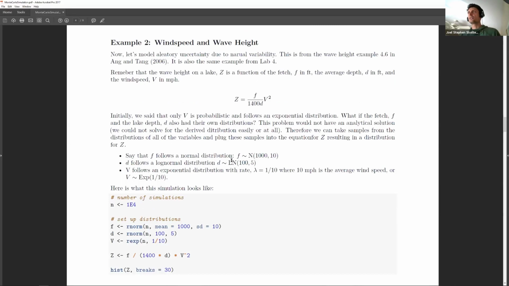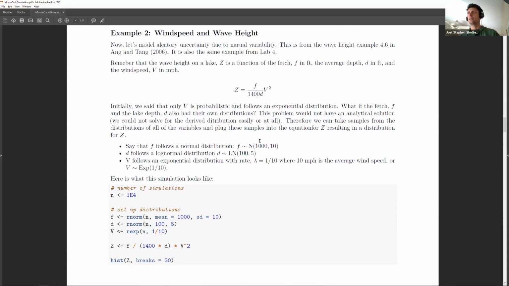Okay, so here's the example that I went over just now when we were writing things down and looking at the paper. Here's our equation for the wave height z as a function of fetch, the depth of the reservoir, and the velocity of the wind.